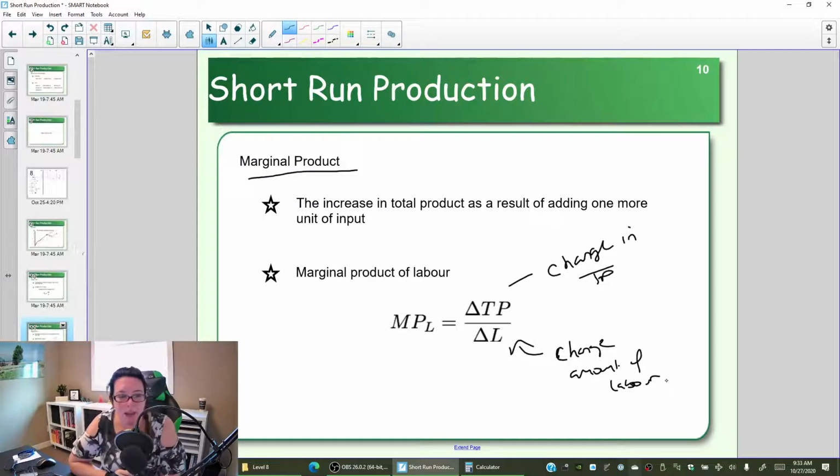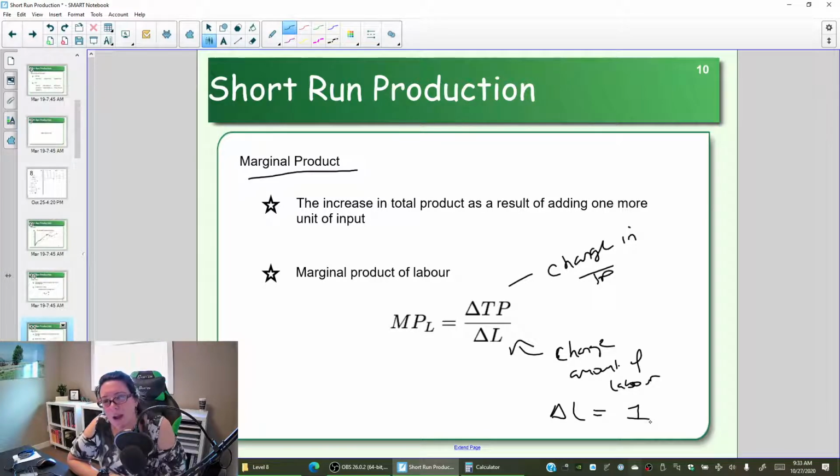So in this case, we're adding workers at a rate of 1 at a time. So we're going to be changing labor. Our change in labor is going to be equal to 1. But it's also possible you could hire people, let's say 5 at a time, in which case your change in labor wouldn't be 1, but we'd be looking at that denominator as 5.